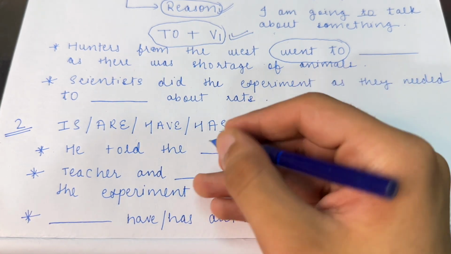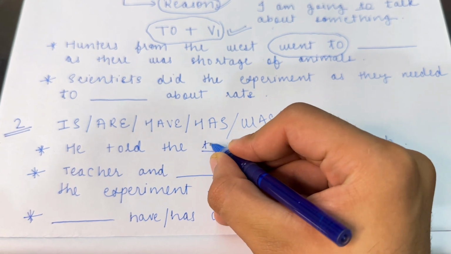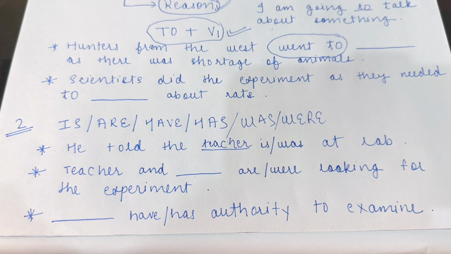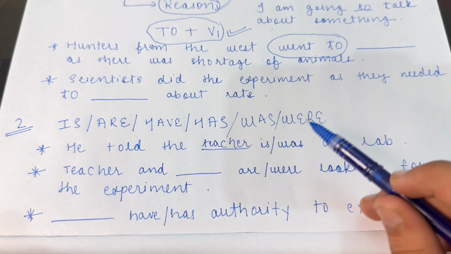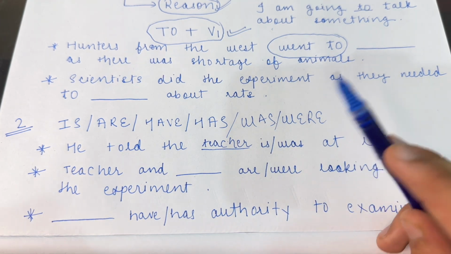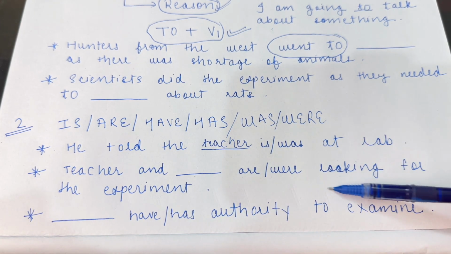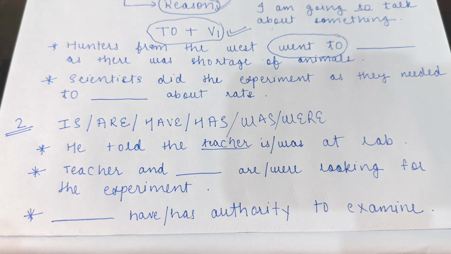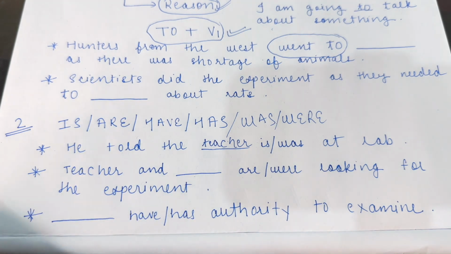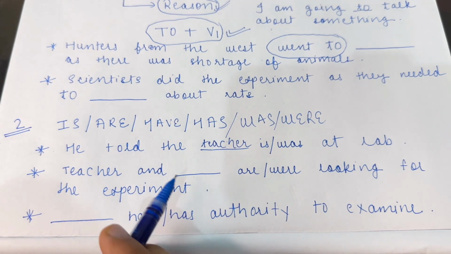So from here we realize that we have to fill in something that is singular, because is and was are only used with singular subjects. Next is: teacher and dash are looking for the experiment. You can also realize from here that "teacher and dash" means there will be more people here.